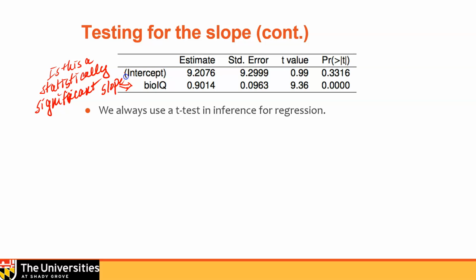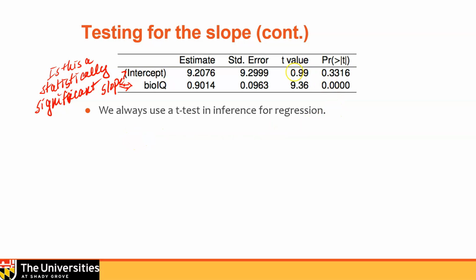In other words, do I have a linear relationship? We don't really care about the intercept when we're doing inference, because it doesn't necessarily have a true meaning. It's really the slope that is my predictor. We're wanting to know, is biological IQ a good predictor of the foster IQ?